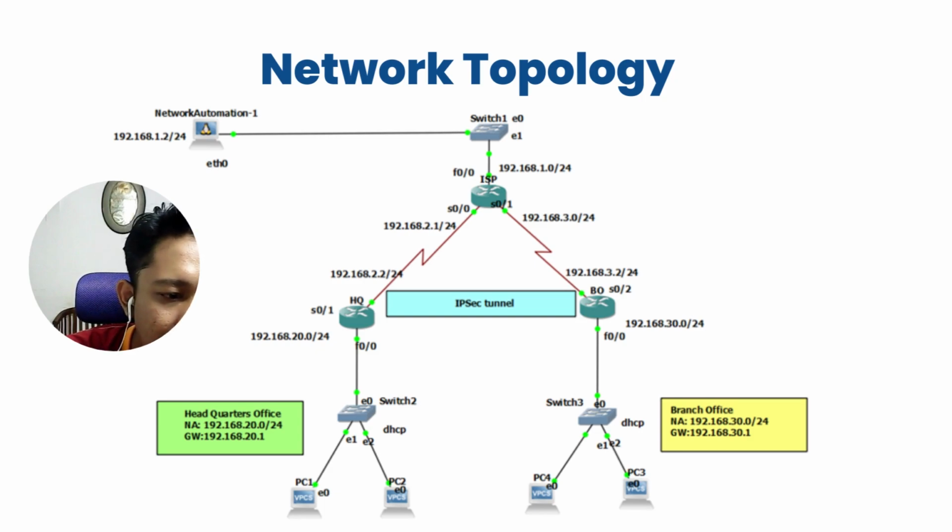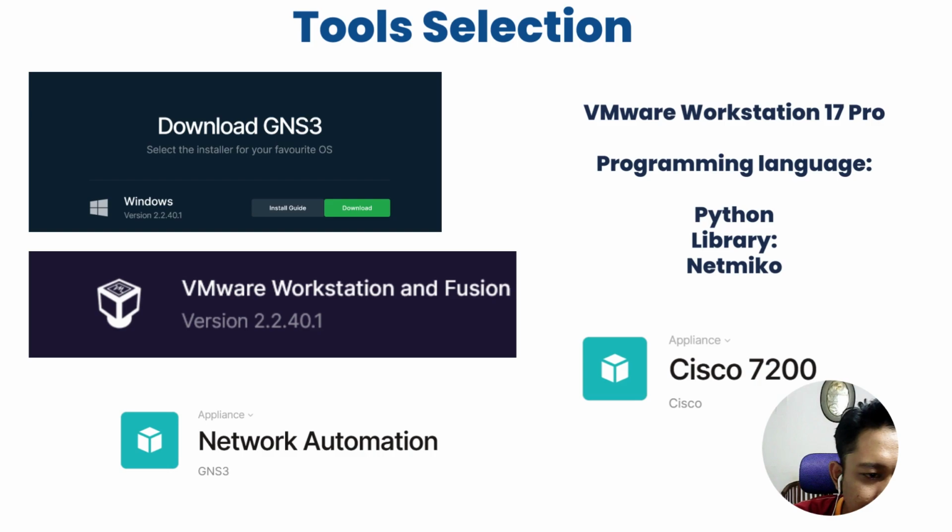So next, we are using the installations. We use GNS3 to create the network topologies. Also we use the GNS3 VM with VMware Pro, the software that allows running multiple operating systems on a single physical machine.